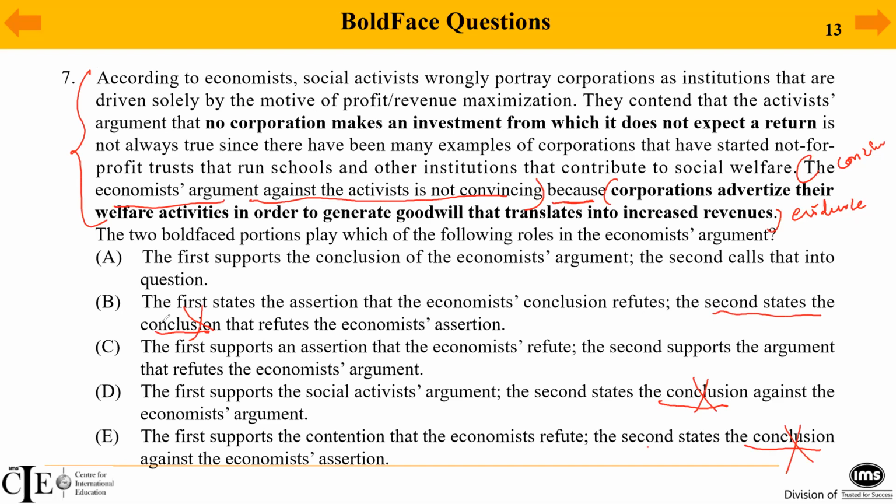Okay. Now between A and C. It is option C.